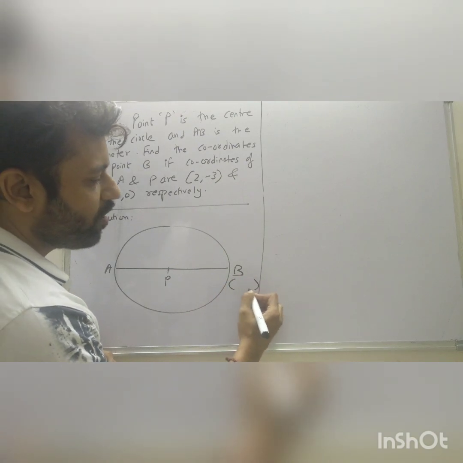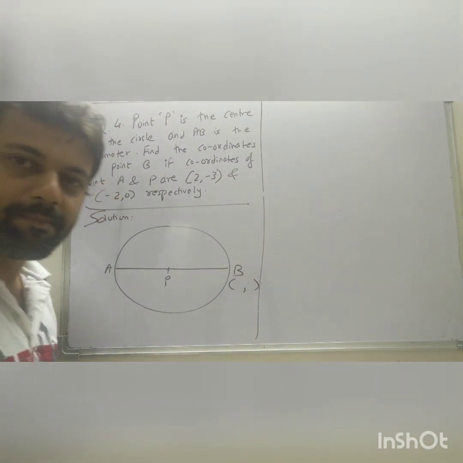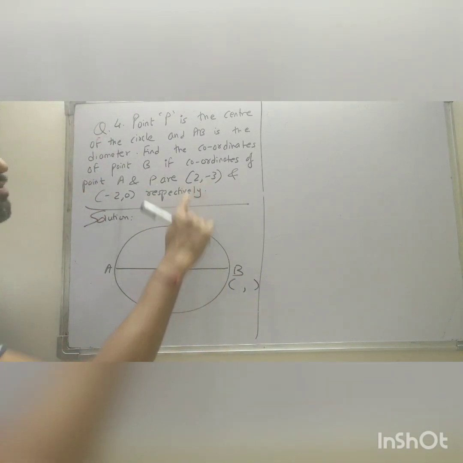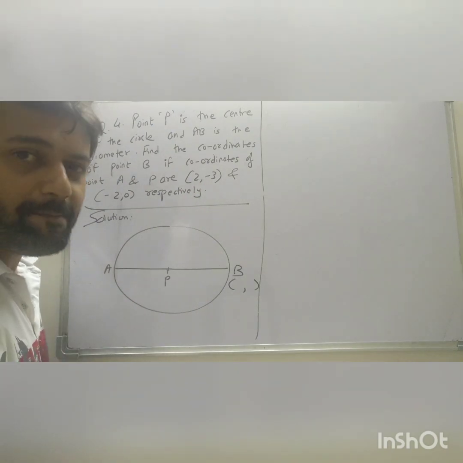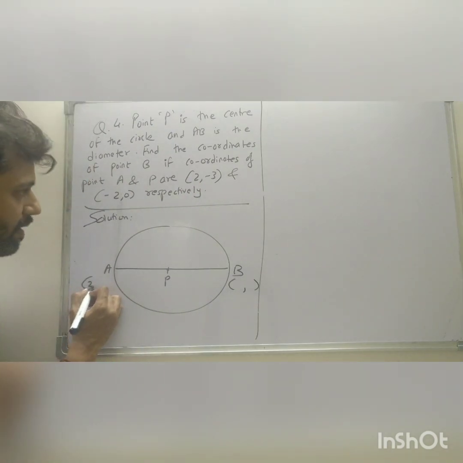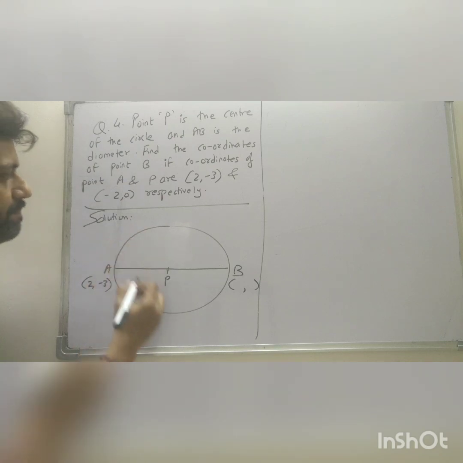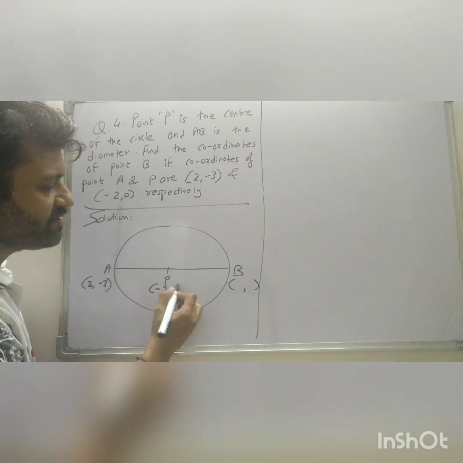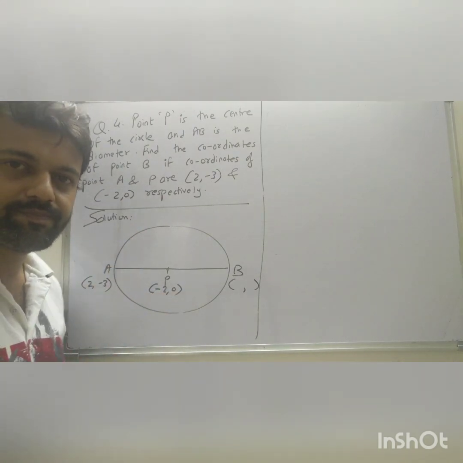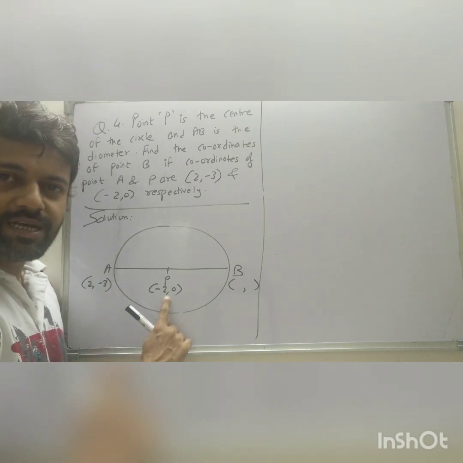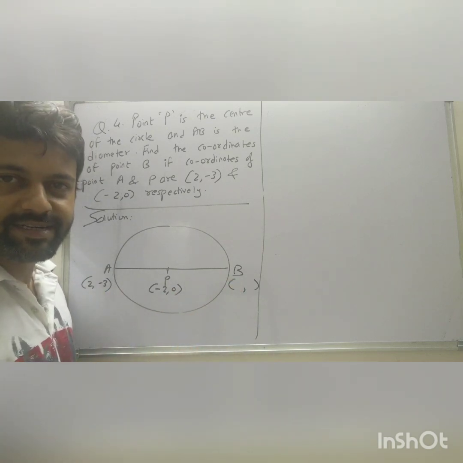We have to find the coordinates of point B. We are given the coordinates of point A and P: 2, minus 3 and minus 2, 0 respectively. 2 points are given to us and the third point we have to find.